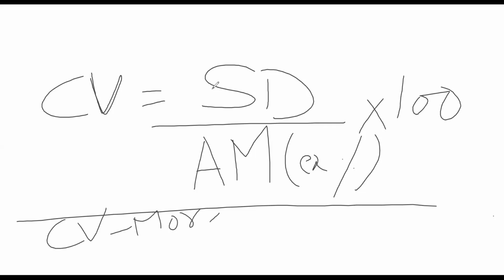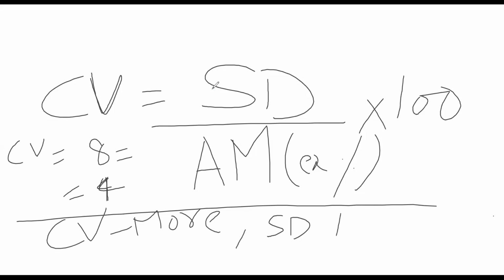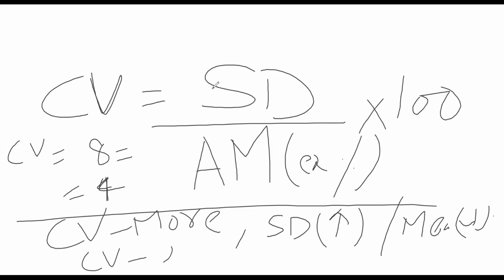If we are comparing two samples and one coefficient of variation is 8 and another is 4, then if coefficient of variation is more, either standard deviation is more or mean is less. And if coefficient of variation is less, standard deviation is less or mean is more.